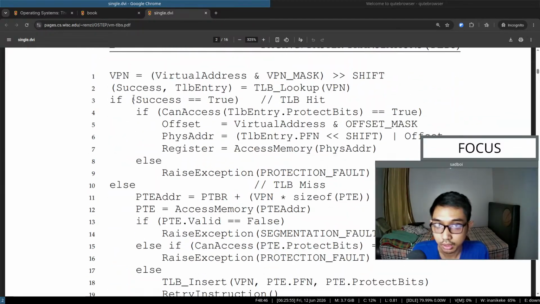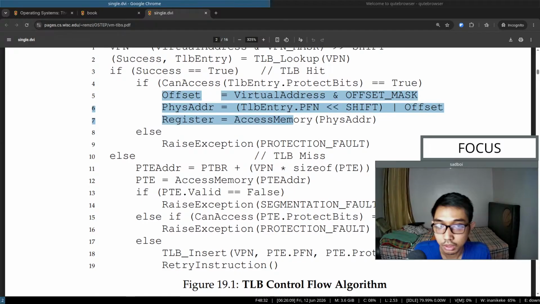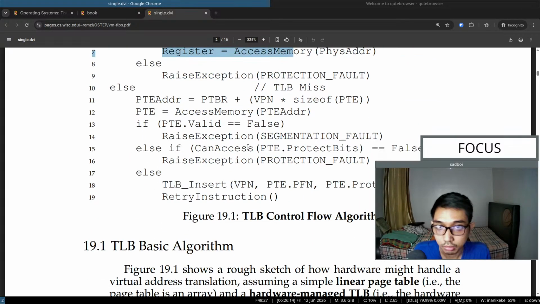Basically something like this. If we have the translation in the translation lookaside buffer, we can immediately access that without consulting the page table, something like that.